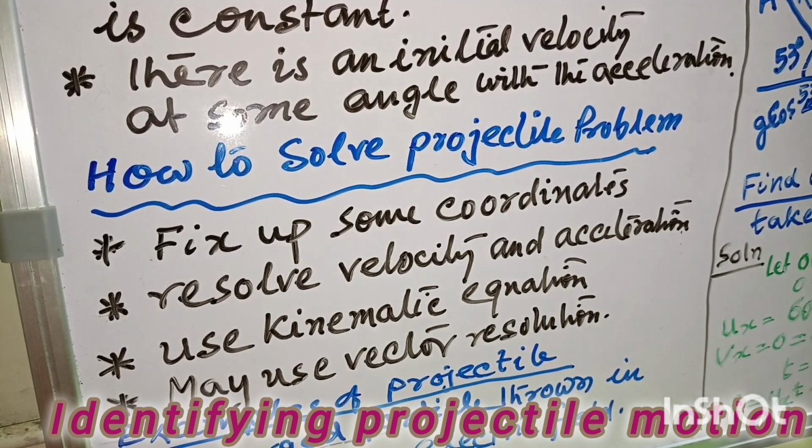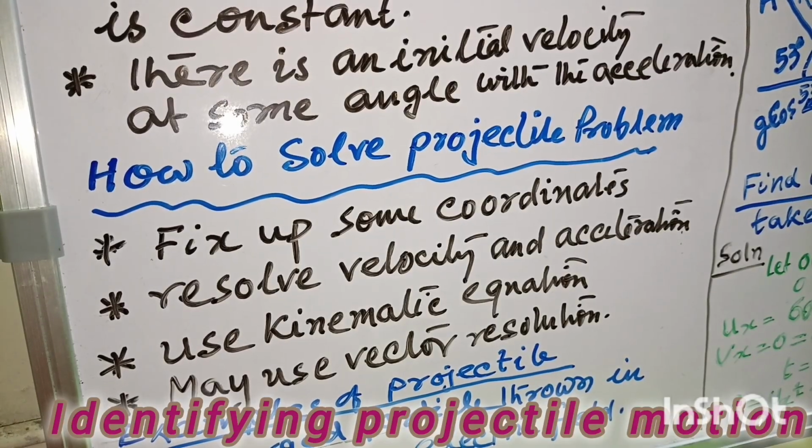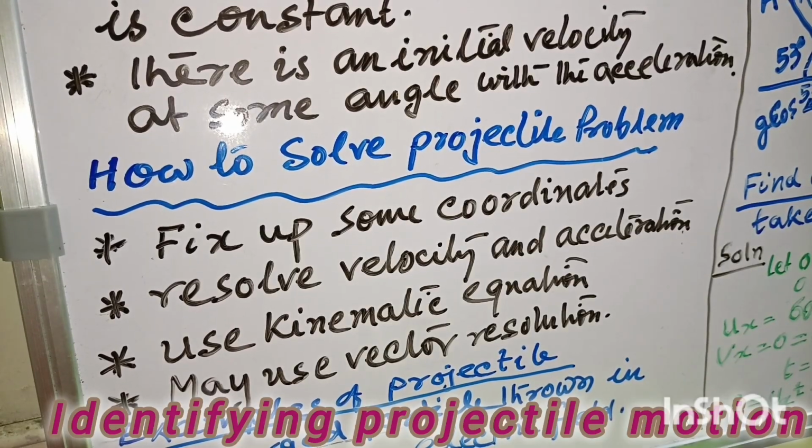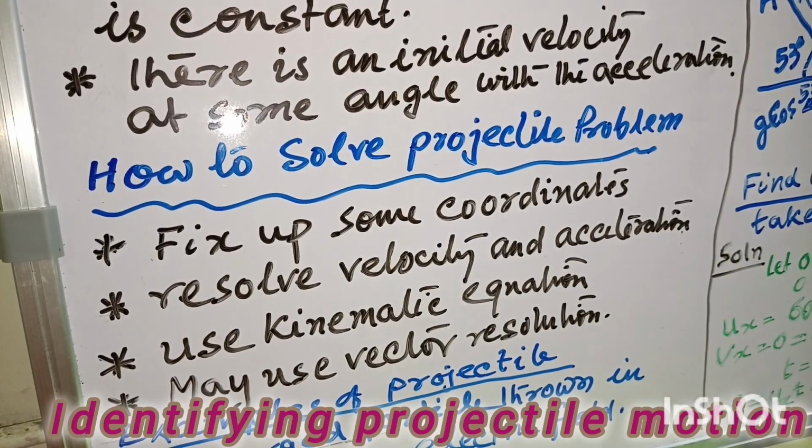After that, you can use the kinematic equations because the acceleration is constant. You know that kinematic equations are applicable only when the acceleration is constant. And this vector resolution process you can also do using i, j unit vectors.